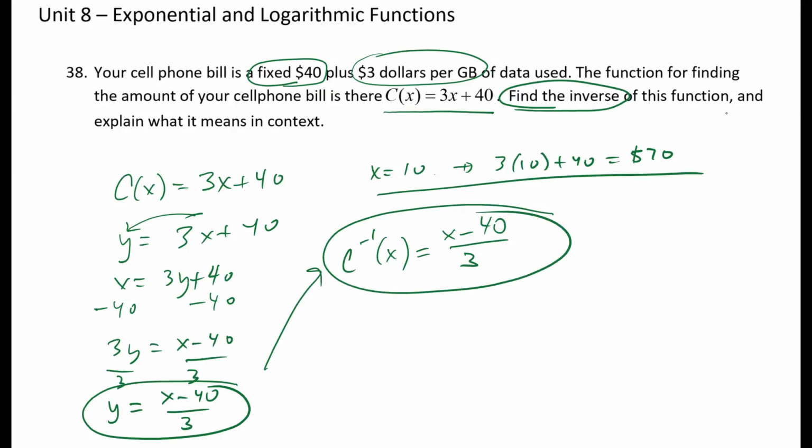So that's the inverse, but it also asks you to explain what it means in context. Well, this function undoes. So the regular function, you put in gigabytes, and out comes the cell phone bill cost. Here, since we're going to undo this, our input is going to be the amount of our cell phone bill, and the output is going to be how many gigabytes you used.